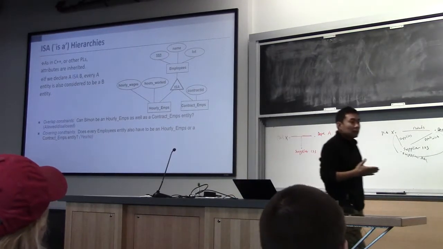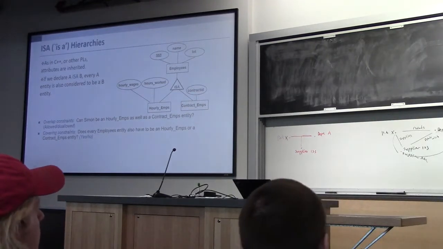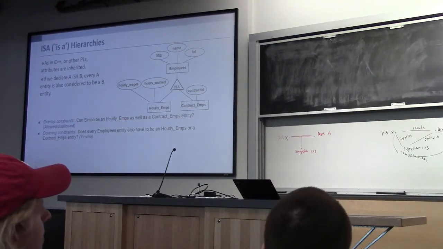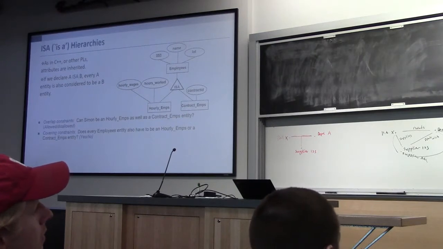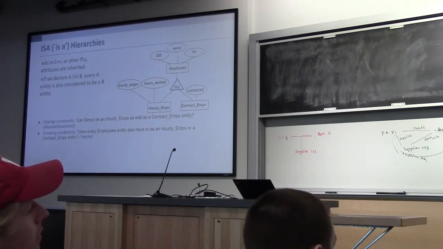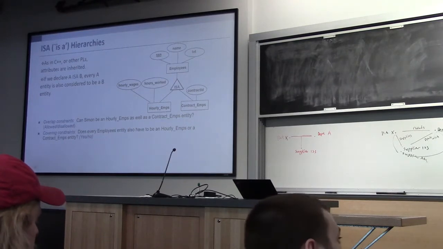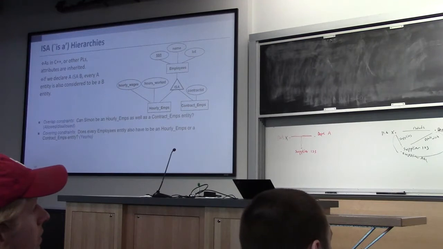This may happen in an organization where, for example, I work for University of Utah in the computer science department. I have a full-time contract with computer science department, but in addition to that, I do some hourly consulting work for some other department on campus. So I'm both an hourly employee as well as a full-time contract employee. So in that case, overlap is allowed.